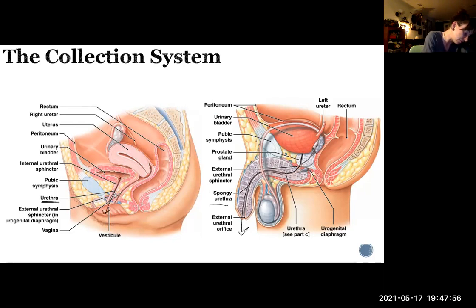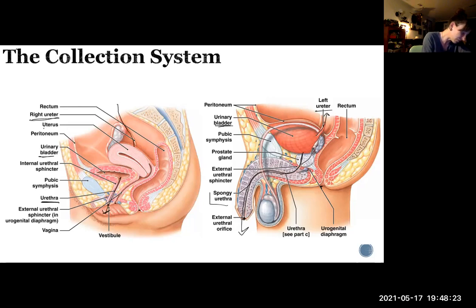Notice, ladies, that you have 1, 2, 3 holes. Boys, you've got 2. What else is there here? Here's the ureter traveling up here in the male, the ureter traveling up in the female, urinary bladder, urinary bladder.